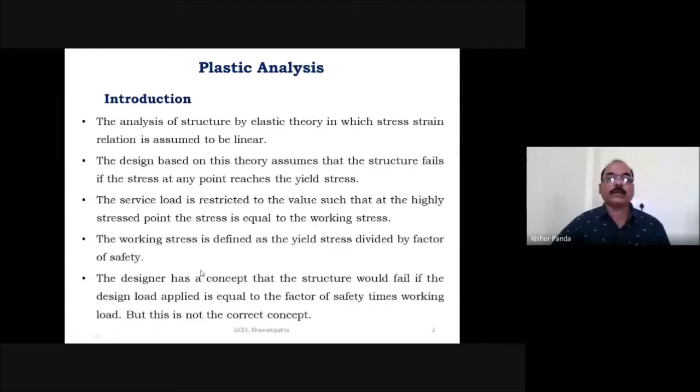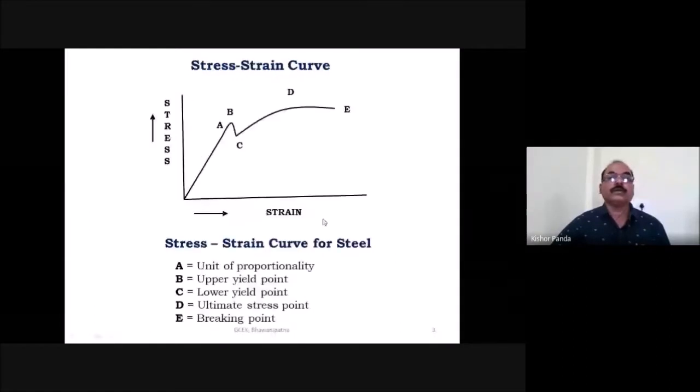Here you see, this is the stress strain diagram for mild steel. A is the limit of proportionality, B is the upper yield point, C is the lower yield point, D is the ultimate stress point, and E is the breaking point. Up to A, the stress is directly proportional to strain up to the limit of proportionality. Then coming to the point B, this is the upper yield point.